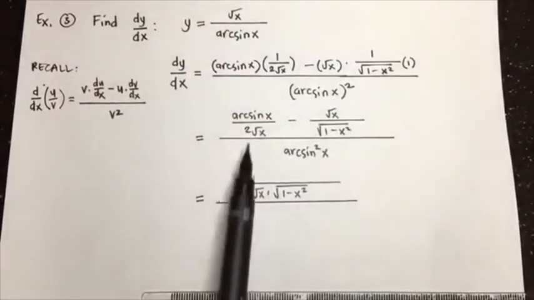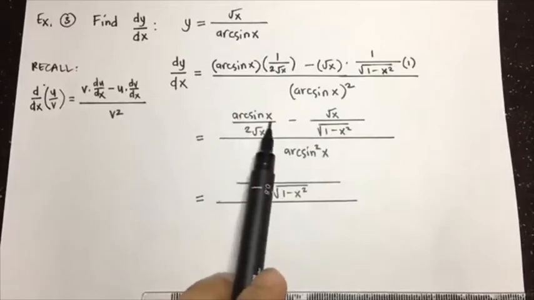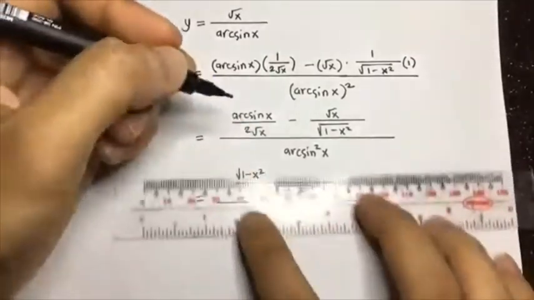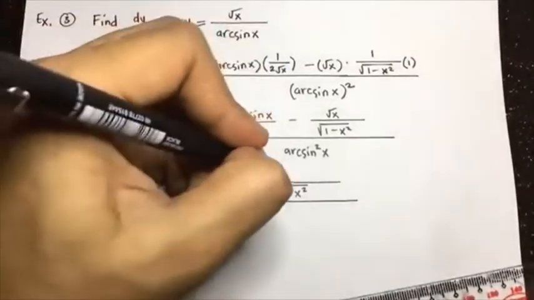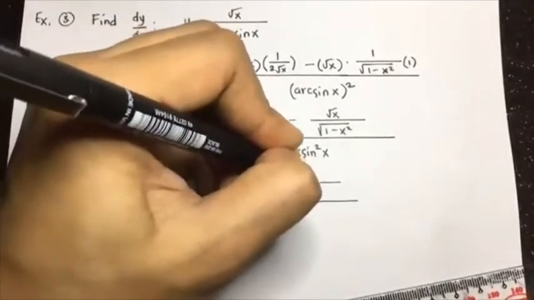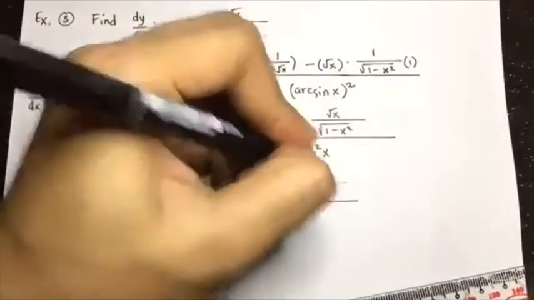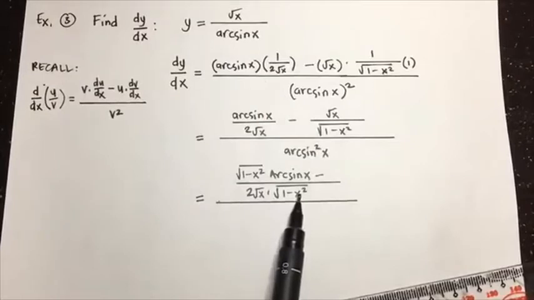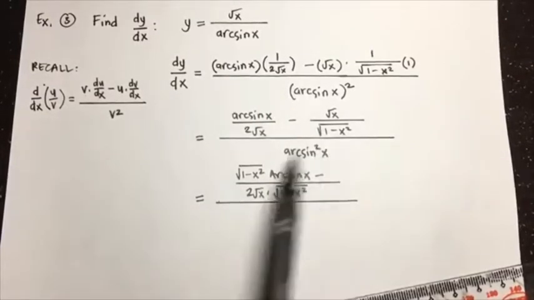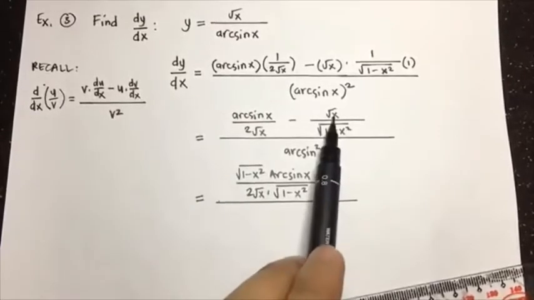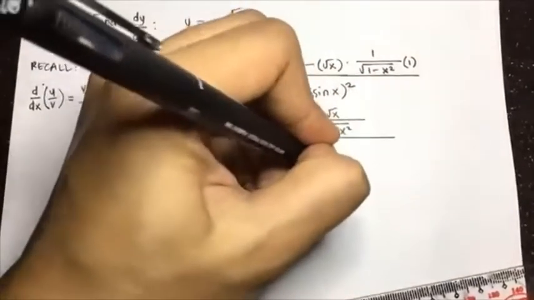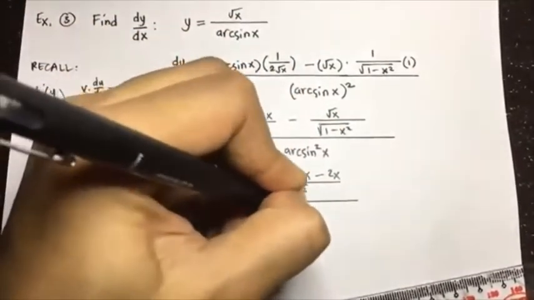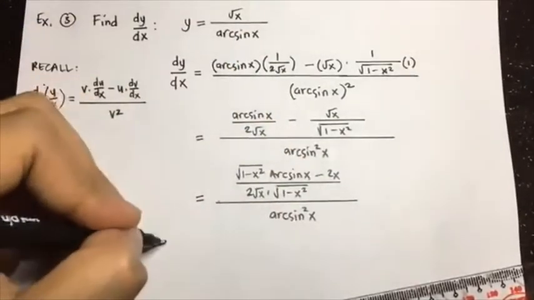Okay, so this divided by 2 square root of x times arcsine x, so that will be square root of 1 minus x squared arcsine of x minus, so this 2 square root of x times square root of 1 minus x squared divided by square root of 1 minus x squared, so what will remain is 2 square root of x times square root of x, so therefore it will be 2x over arcsine squared of x.